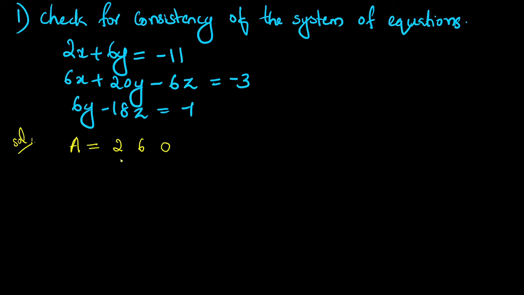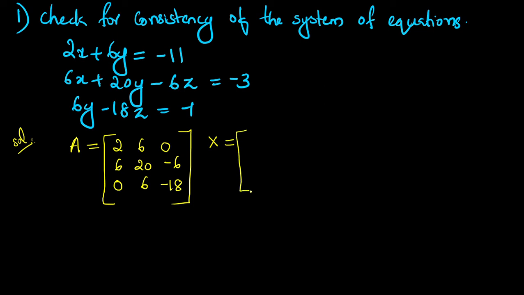Similarly, 6, 20, minus 6. In the third equation there is no term for x, so we take the coefficient as 0: 0, 6, minus 18. This is matrix A. And matrix X contains all the variables x, y, and z.